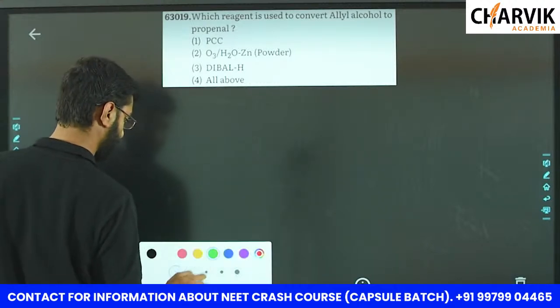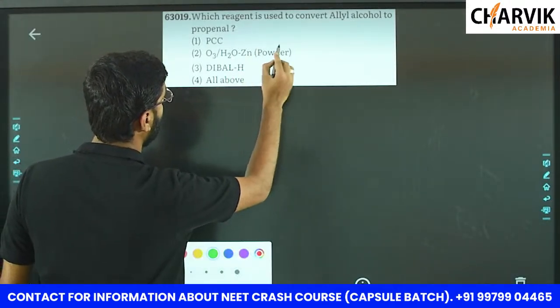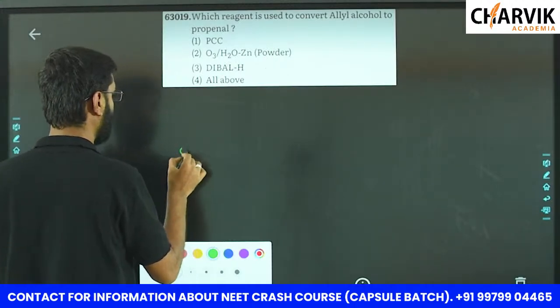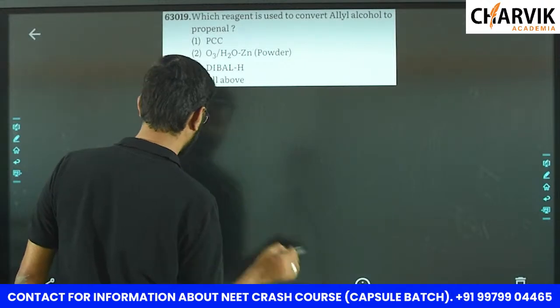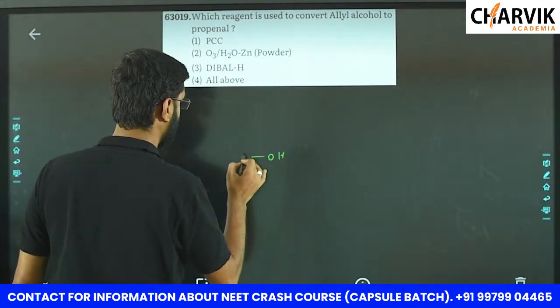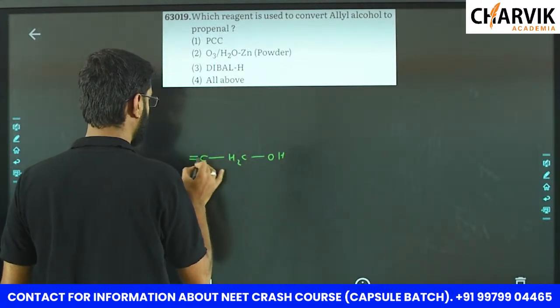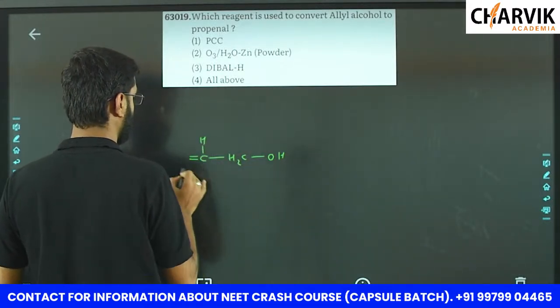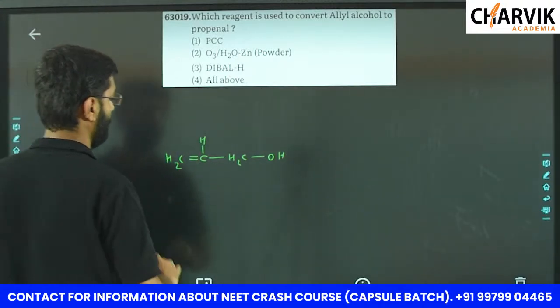Which allyl alcohol? Okay, allyl alcohol means C OH is attached with sp2 carbon. Here you have this. Okay, done.